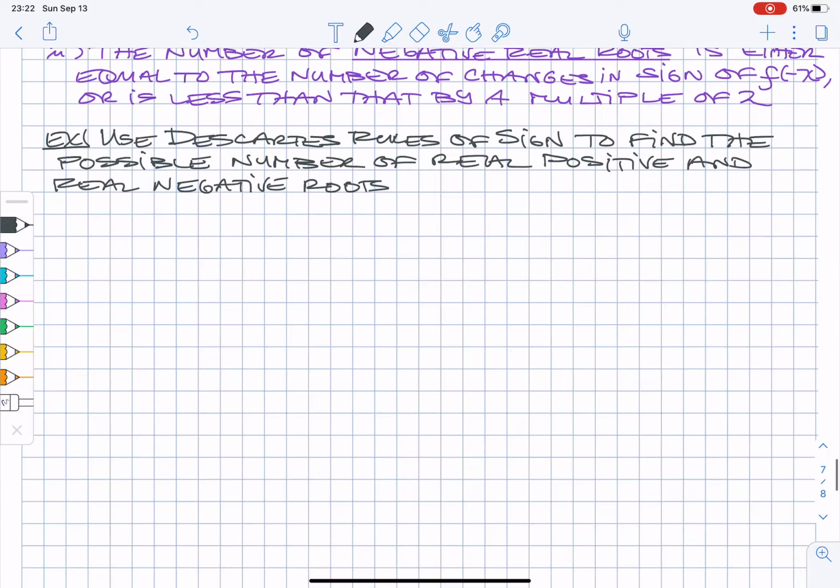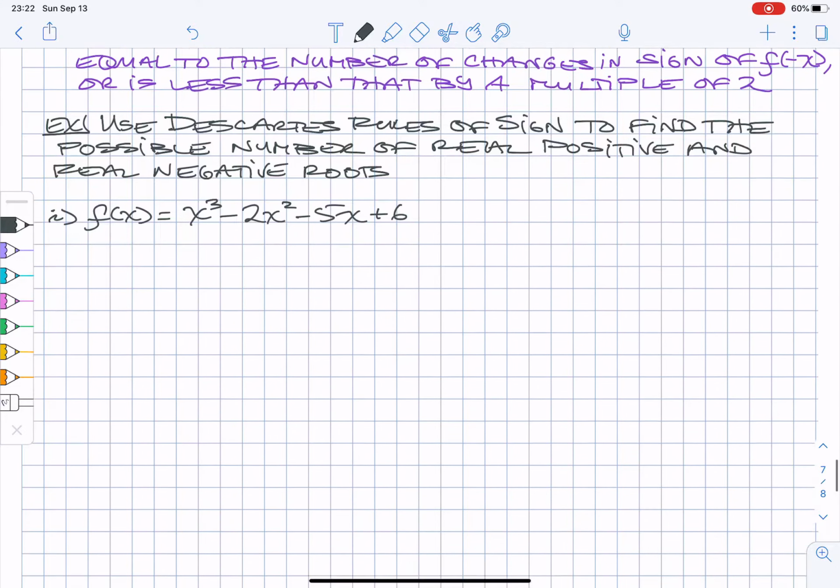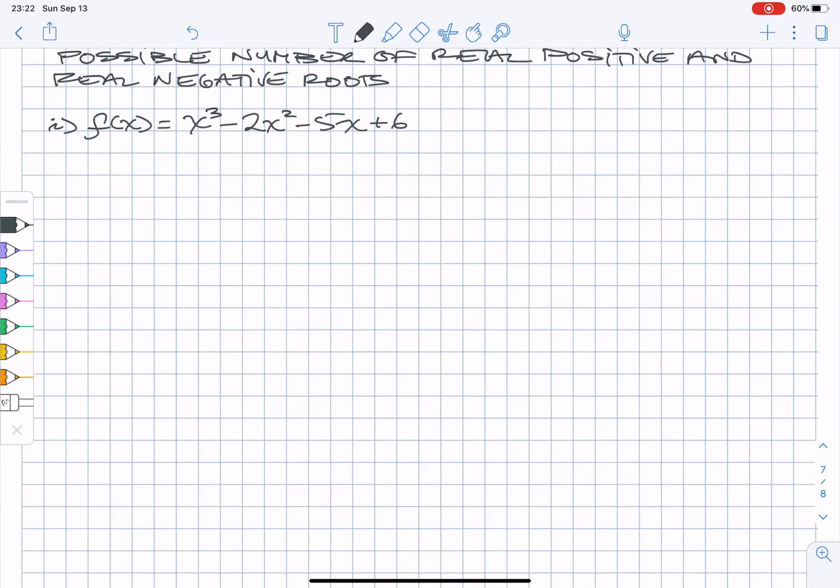Okay, so number 1, let's say we have that f of x is equal to x cubed minus 2x squared minus 5x plus 6. So how many changes in sign? Let's first write it out. f of x is x cubed minus 2x squared minus 5x plus 6.